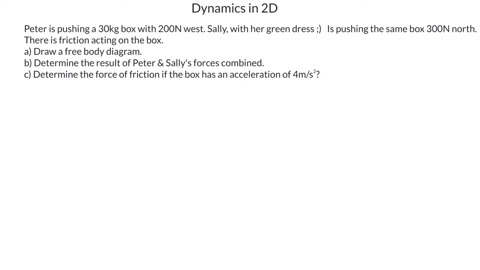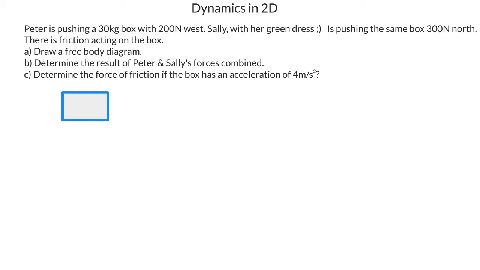So let's first of all start by drawing our box. So I'll have my box here. And I want to draw a free body diagram with this. I'm going to try using a different tool rather than the arrow tool that was being used before.